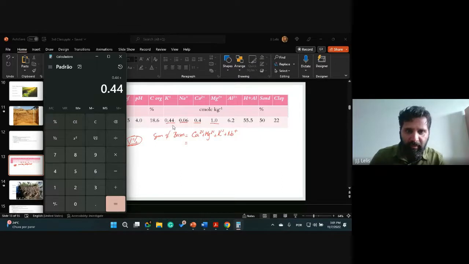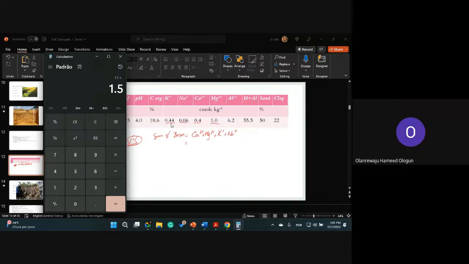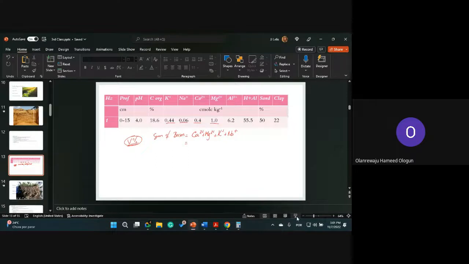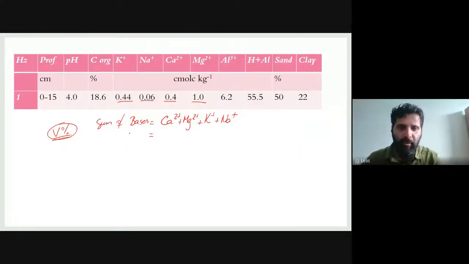So 0.44 plus 0.06 plus 1 plus 0.4. Yes, thank you. So it's 1.9. So I need to include all these nutrients.